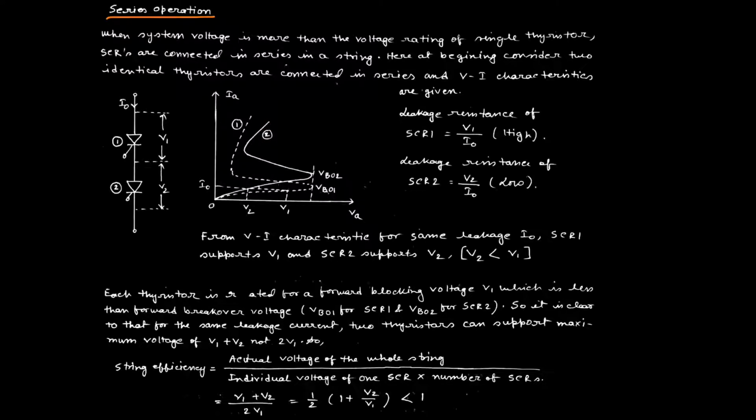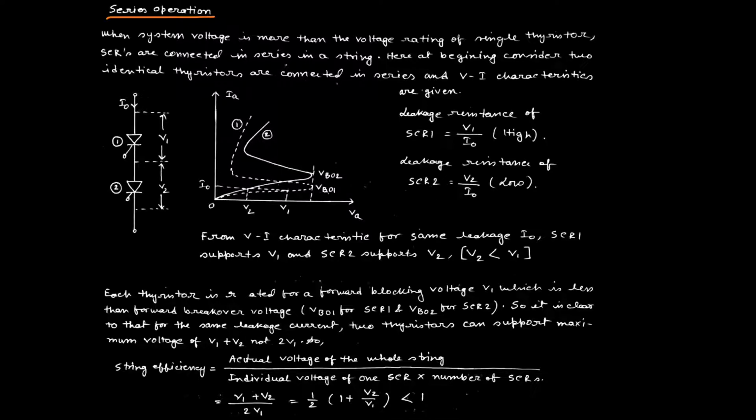From these characteristics we can see that each thyristor is forward biased with a voltage, V1, which is less than the forward breakover voltage, VBO1 for SCR1 and VBO2 for SCR2. So it is clear that for the same leakage current I0, the two thyristors can support a maximum voltage of V1 plus V2, not 2V1.